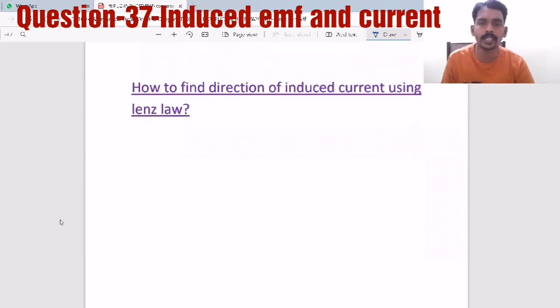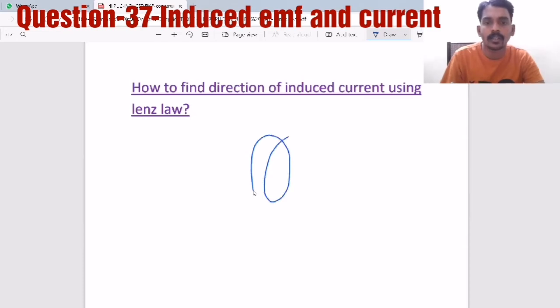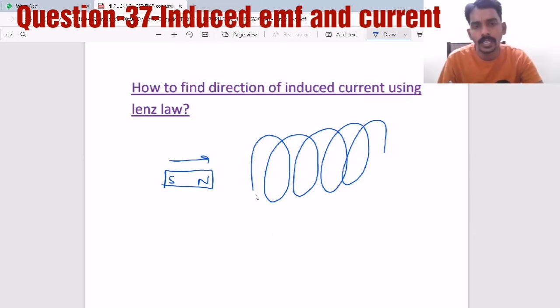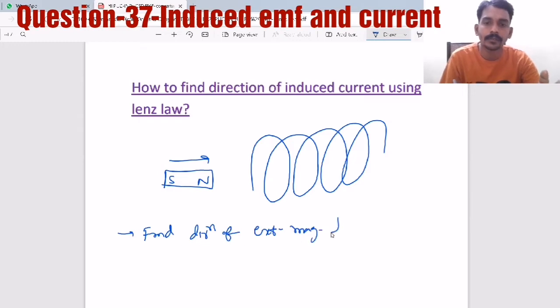Now how to find the direction of induced current using Lenz's law? With one example, suppose there is a coil like this. Here one magnet is there. Let's take south pole and north pole, and it is moving like this. Now on any coil, when there is an external effect, first you find the direction of the external magnetic field, B external.